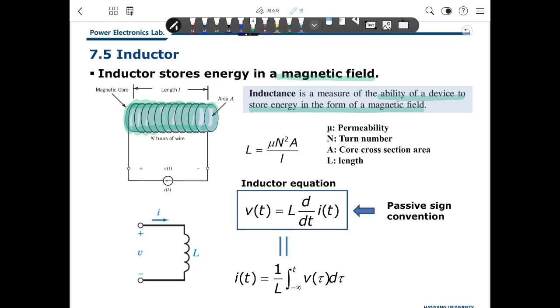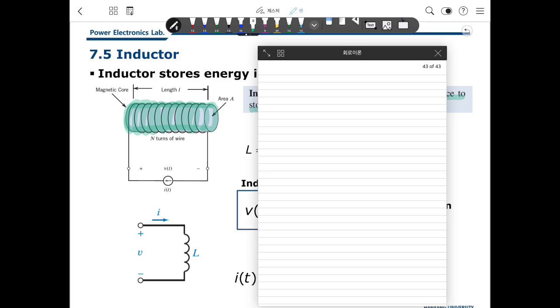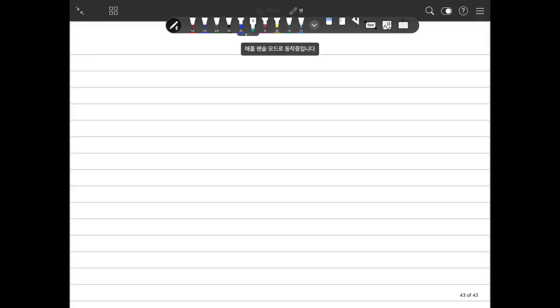You remember when you were an elementary student, you had a nail and you wound a coil around it in this manner.